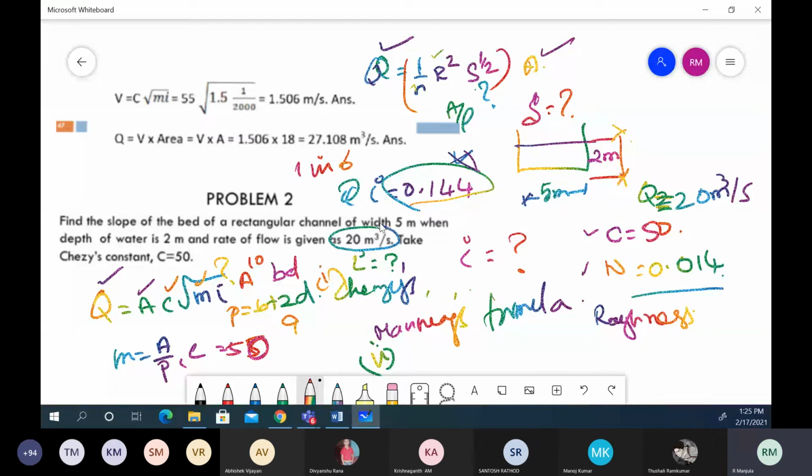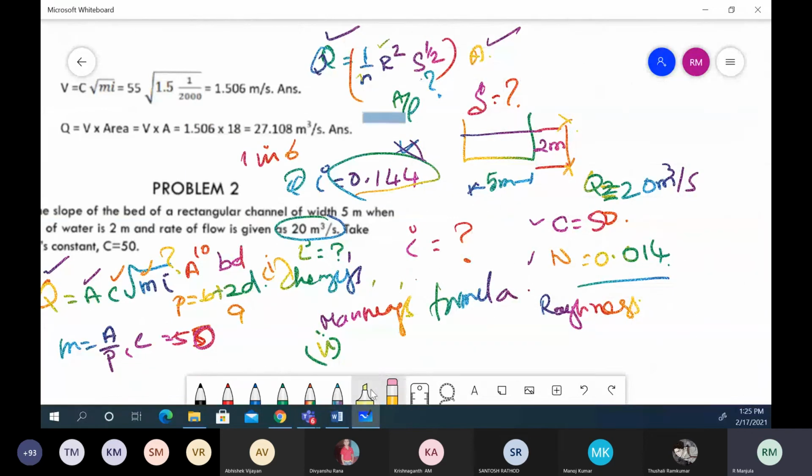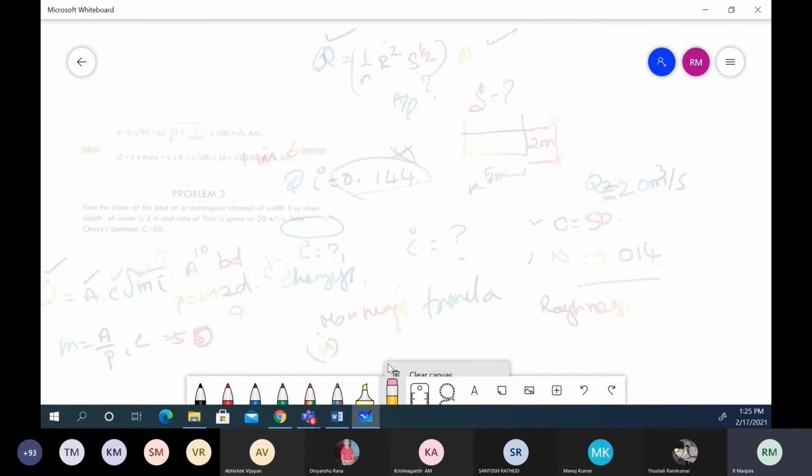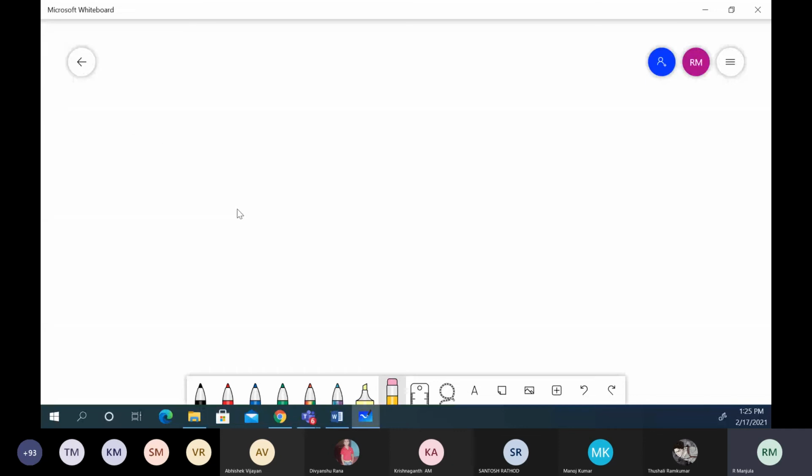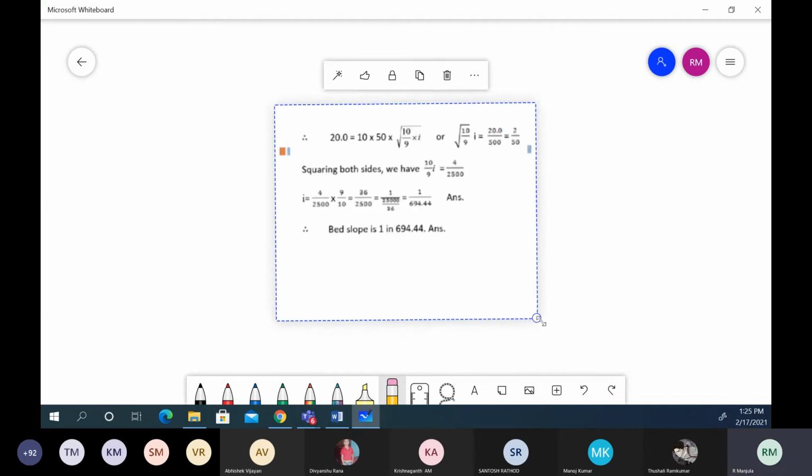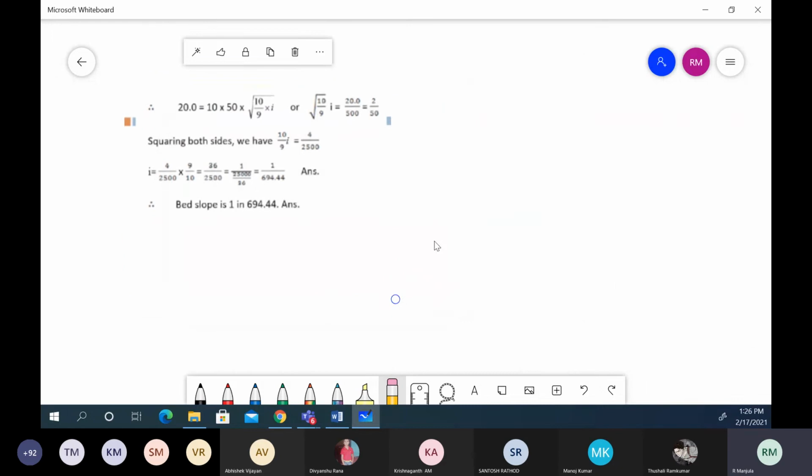Then you have to take square on both the sides. If you square on both the sides, you'll be getting the answer. Am I right? Answer is 1 in 694 using Chezy's formula.